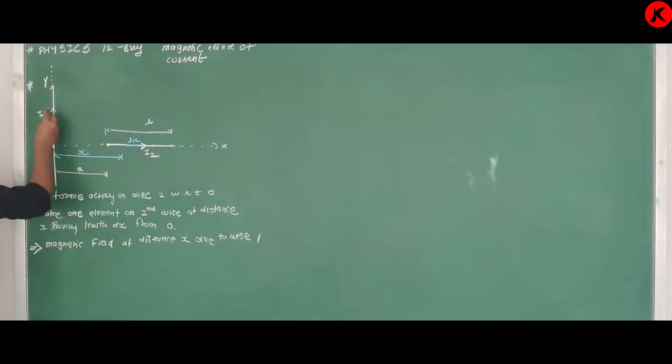Wire 1 means this one. Due to this wire, what is the magnetic field at this element?